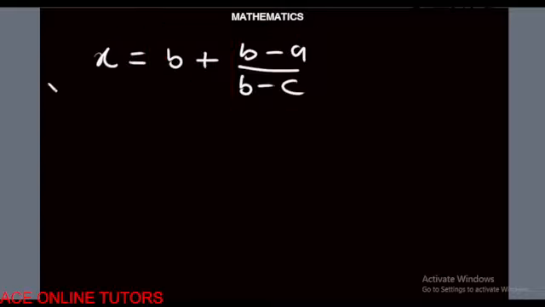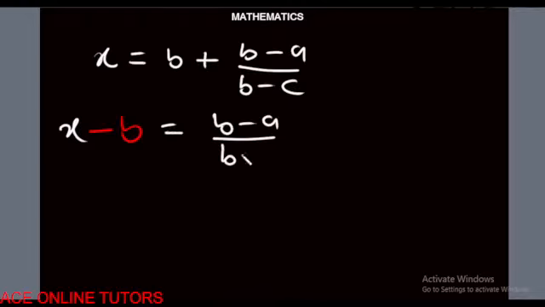Now, this is going to become x minus b equal to (b minus a) all over (b minus c).